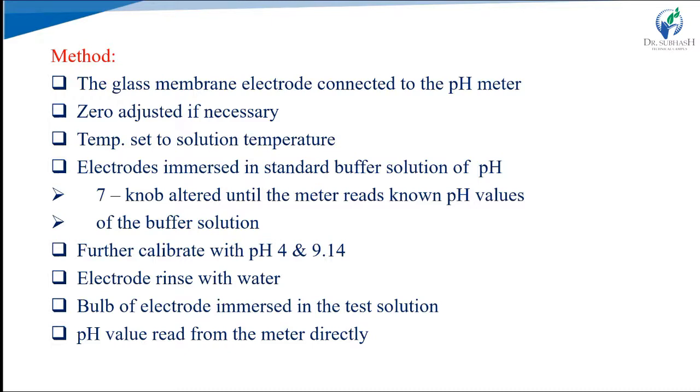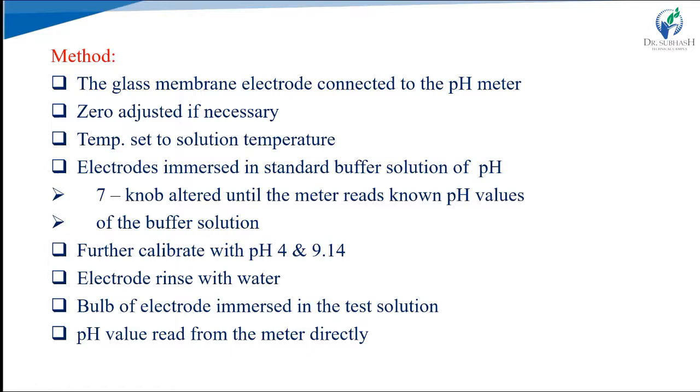The glass membrane electrode is connected to the pH meter, and we adjust it to 0 if necessary. We set the temperature of the solution. The electrode is immersed in the standard buffer solution of pH 7, and the knob is altered until the meter reads the known pH value of that solution, that is 7 for the aqueous solution.